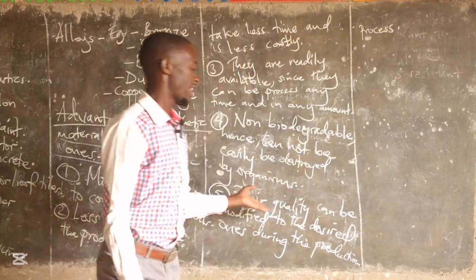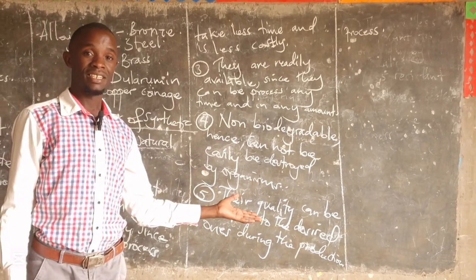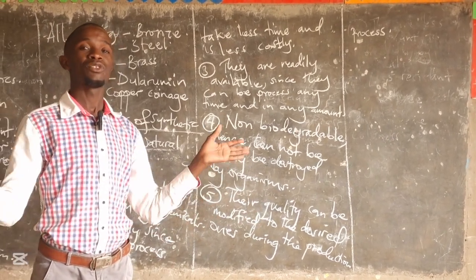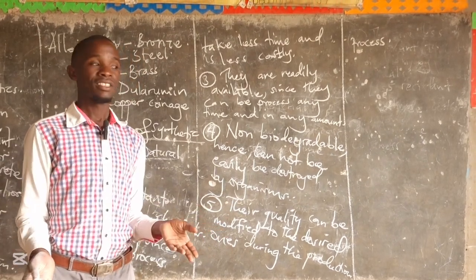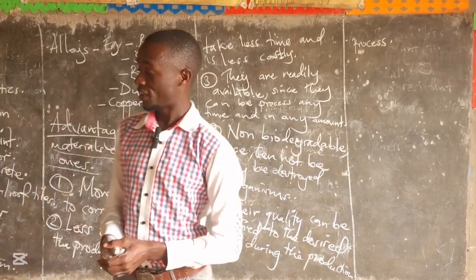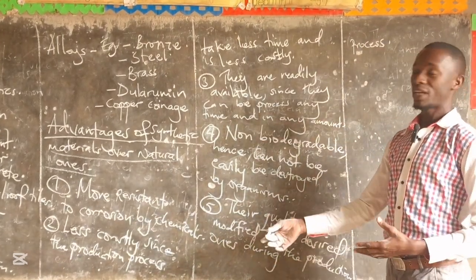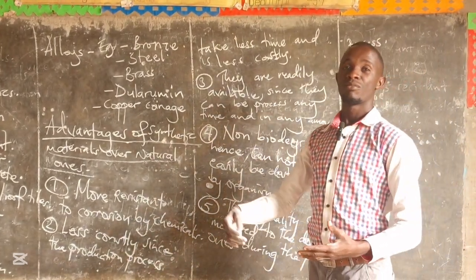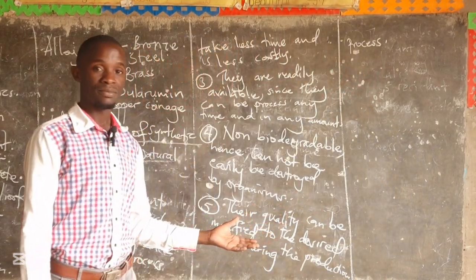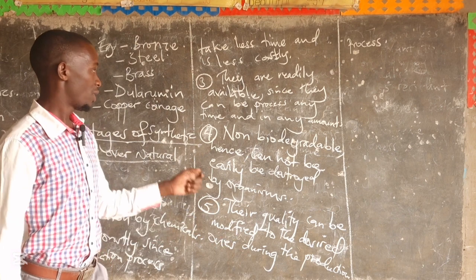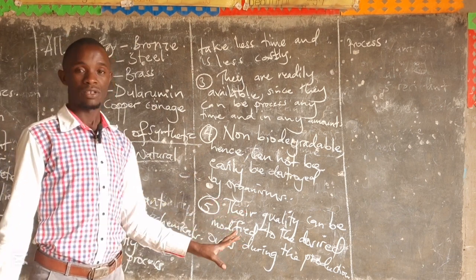Since it's you who make them, since they are laboratory processed, in the laboratory you can modify anything you want, any quality you want on the product. You can change color. That's why we always see green cups, red cups, pink cups, and so on. The color can be changed during the production process. So this is an advantage because you can modify any character, any property of these materials.